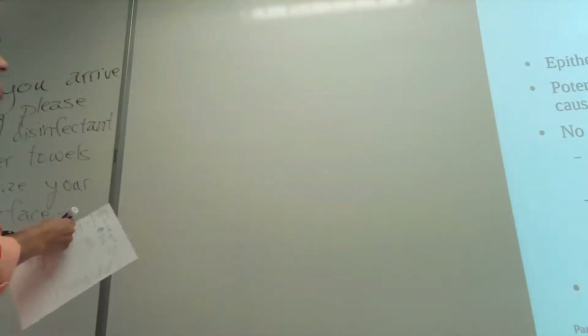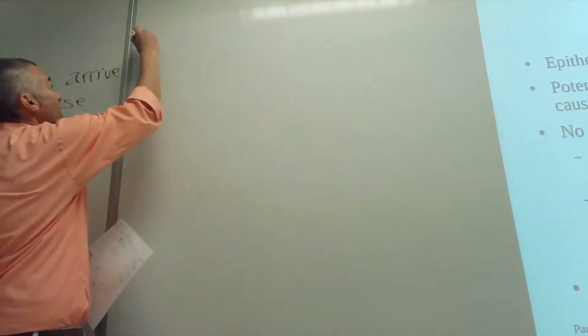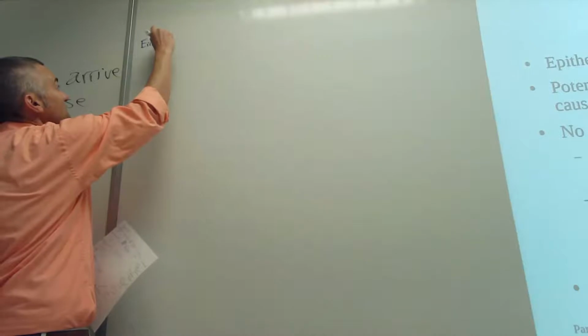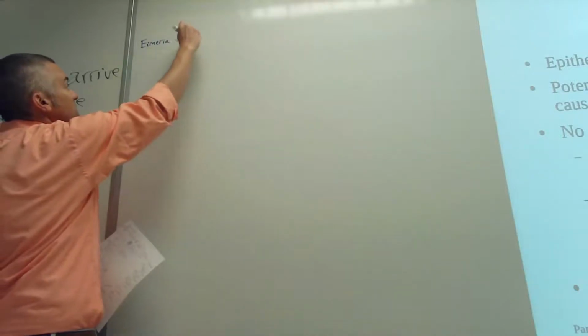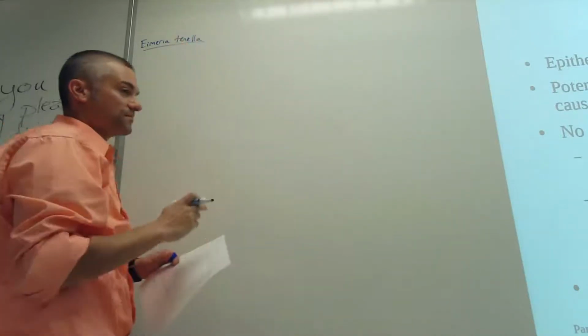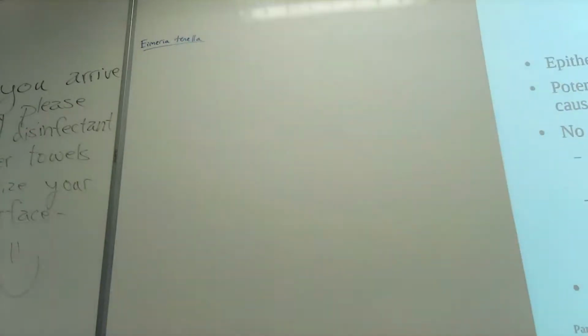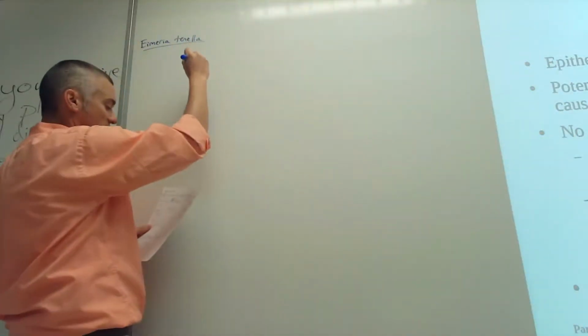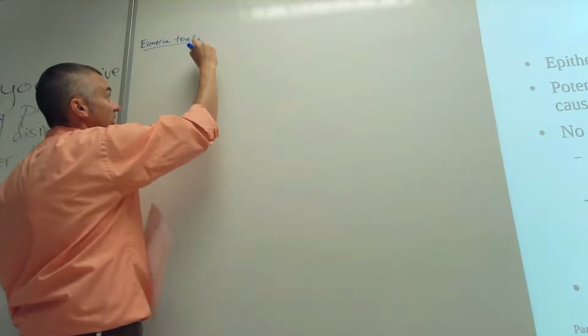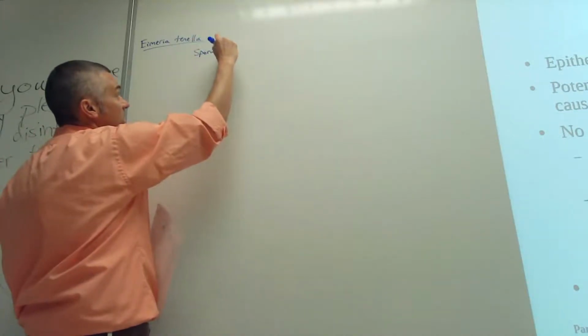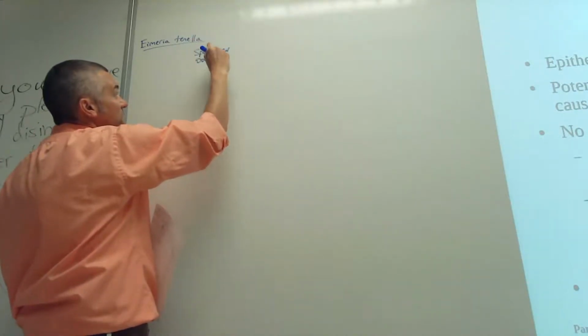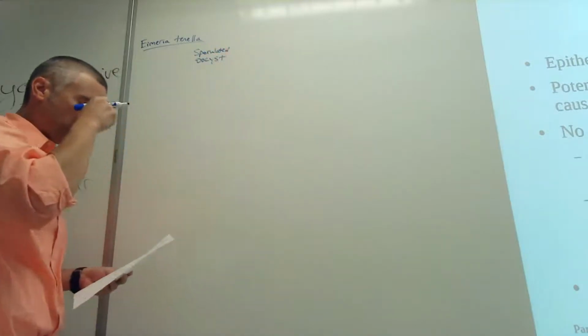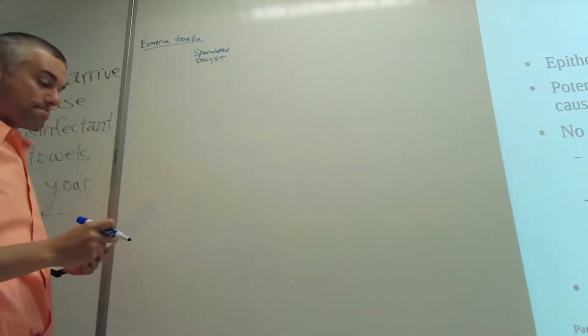All right, so this is Eimeria tenella. We're going to have our sporulated oocyst. That's going to be in our environment. All right.